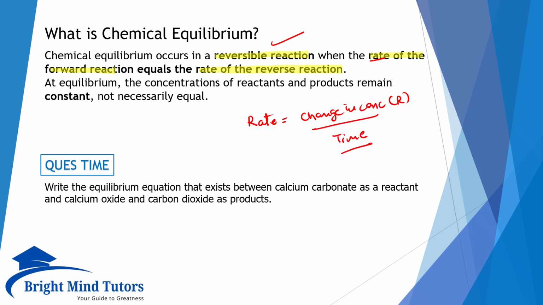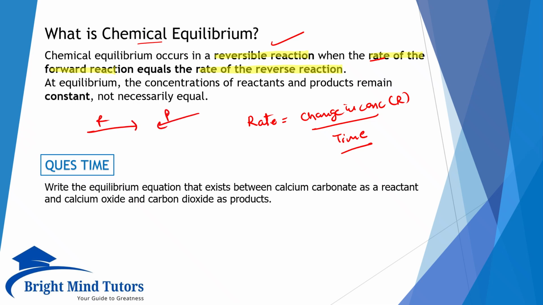So chemical equilibrium occurs when the rate at which your reactants are getting consumed is equal to the rate at which your products are getting disintegrated. At whatever speed the reactants are moving in this direction, the product moves back in this direction.